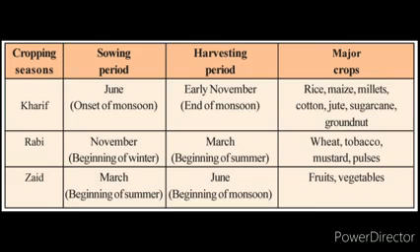Let's discuss the details of the first sector, that's agriculture and agro-based industries. Watch the screen. It gives the details of the cropping seasons of India and its sowing period, harvesting period, and major crops belonging to the cropping season.